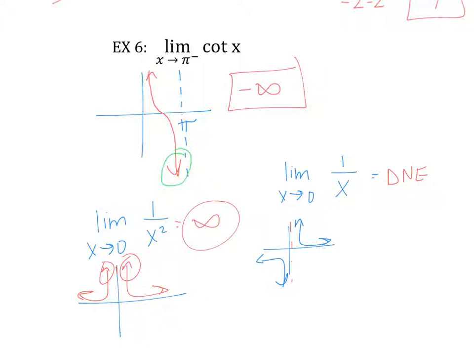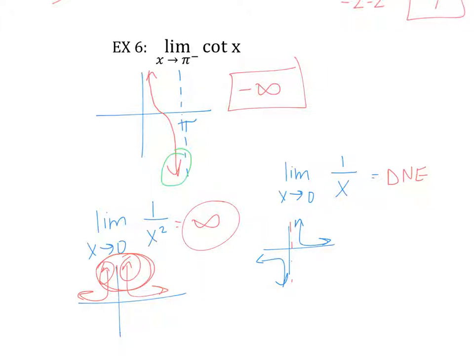So remember, again, if they have the answer choices of does not exist, yes, you're going to put that. But if they have infinity and negative infinity and you have to choose, I would put this overall limit being infinity, because that tells me about the graph, that on both sides of that asymptote, I'm increasing without bound to infinity. And so it tells me I can visualize more what the graph is.